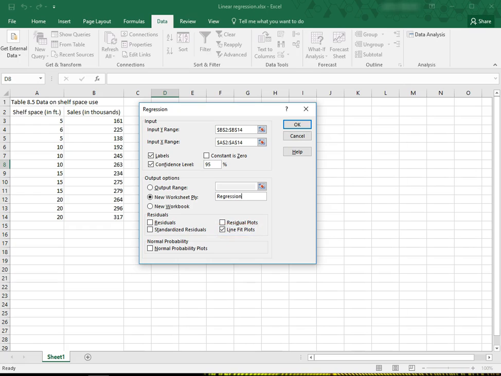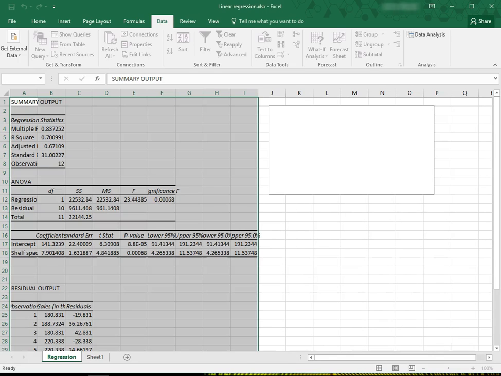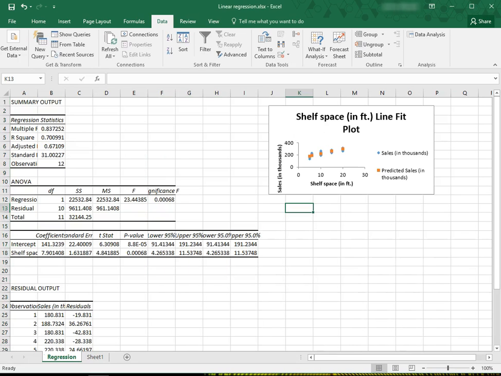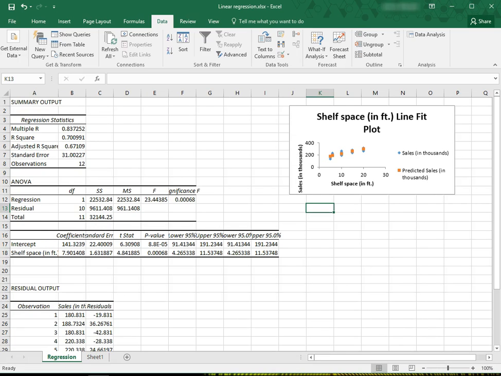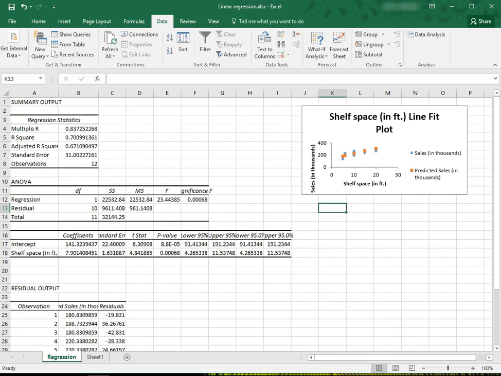And once we have all of this information entered into the boxes, we can click OK. The information will then open up on a new worksheet ply as we've instructed Excel to do. We can see that we get some regression statistics along with other values, as well as a line fit plot for our data.